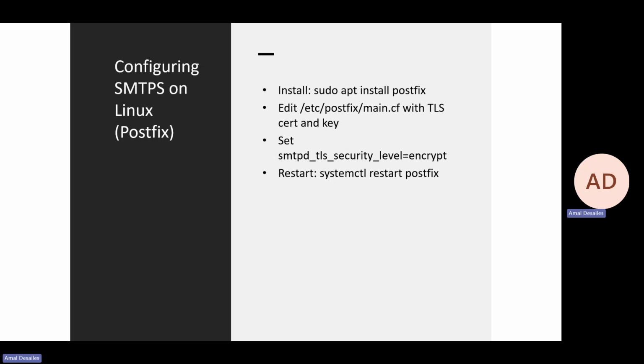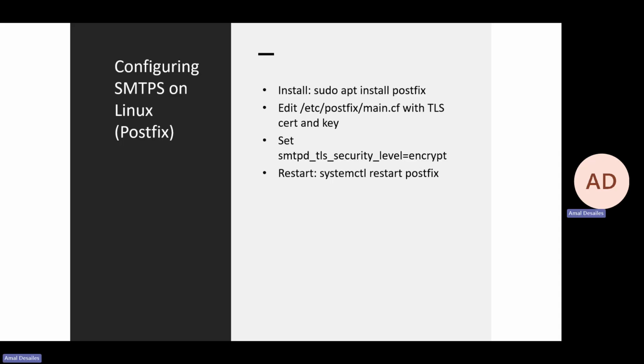So next, I'm just going to talk about configuring SMTPS on Linux. On Linux, the most common mail transfer agent is Postfix. First, install it with apt install postfix. Then edit the main configuration file to enable TLS by providing the path to your certificate and key.